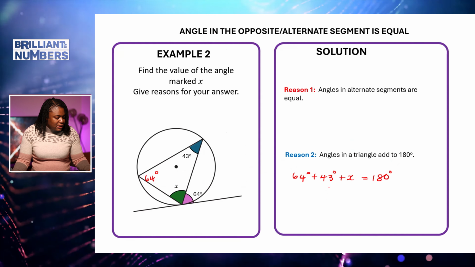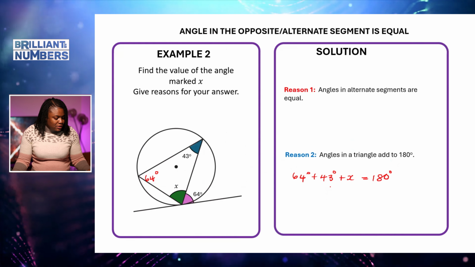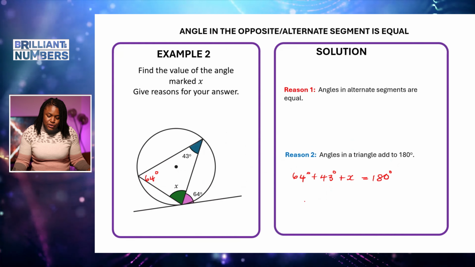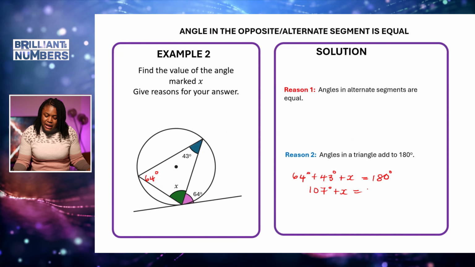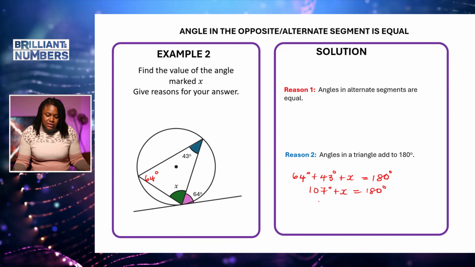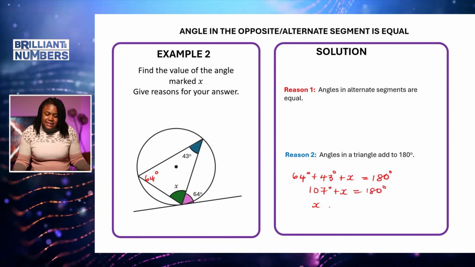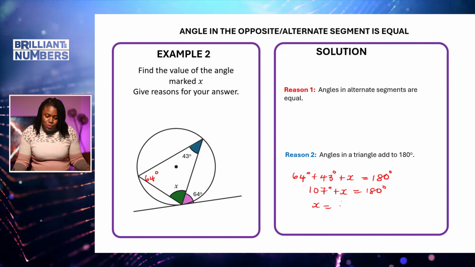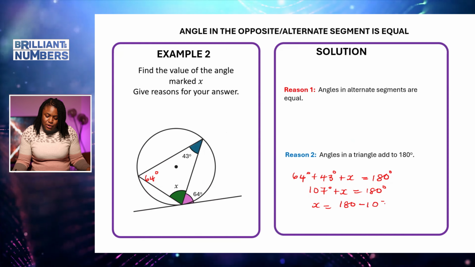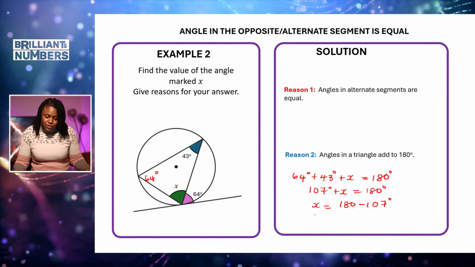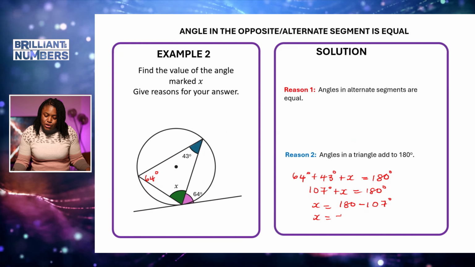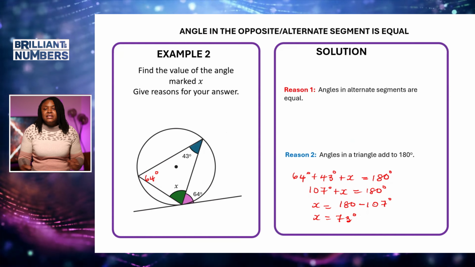We get 64 plus 43, and that's equal to 107 plus X gives us 180 degrees. So we need to subtract 107 from 180. So 180 take away 107 degrees, and that gives us 73. So X then is equal to 73 degrees.